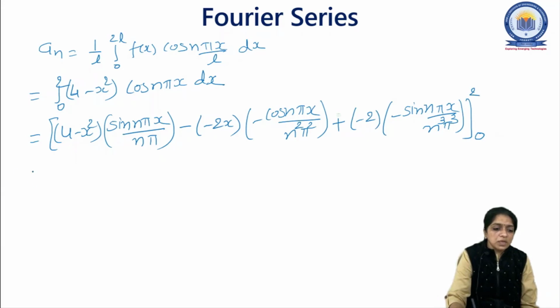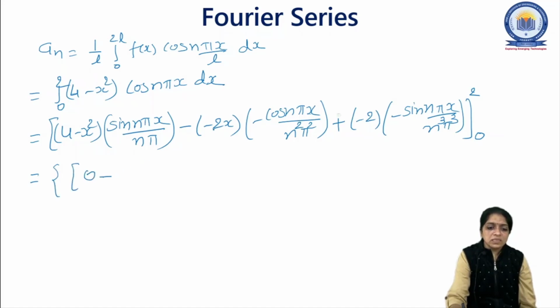So by substituting the upper limit and lower limit: if I substitute 2 in place of x, then 2 square is 4, 4 minus 4 is 0, and sin(2n pi) is also 0, so the first term is 0. In the second term, 2 times 2 is 4, and cos(2n pi) is always 1, so 4 upon n square pi square, with minus minus making plus. Sin(2n pi) is again 0, so the third term is 0.